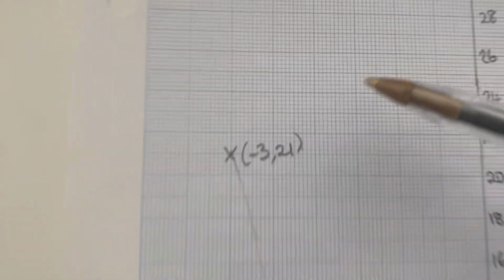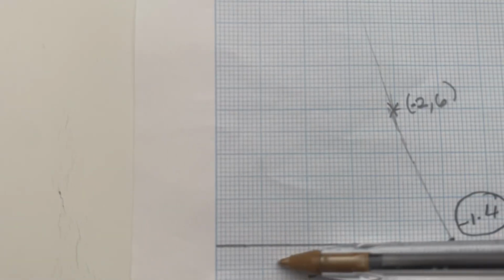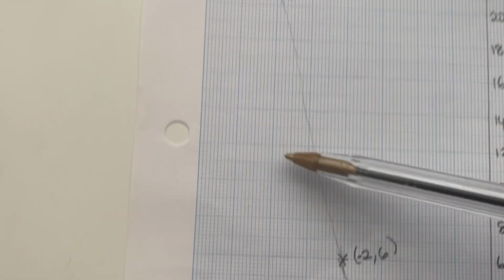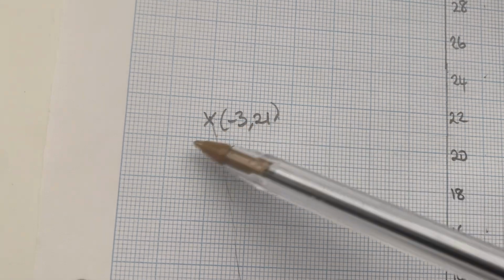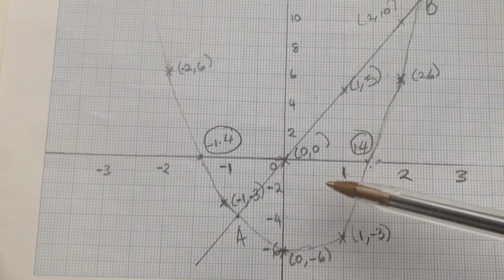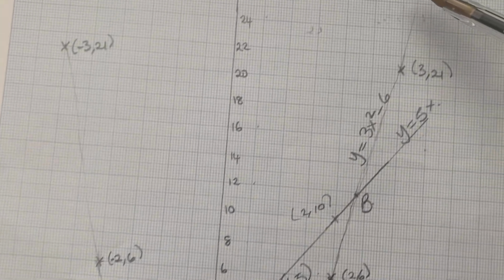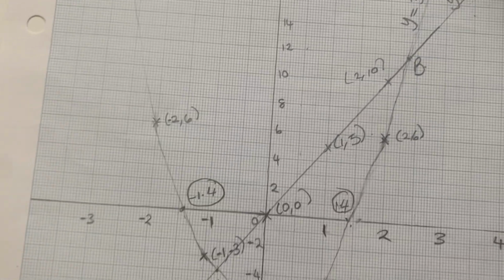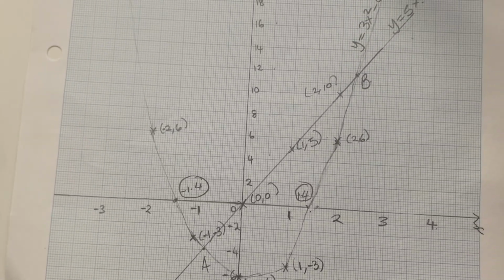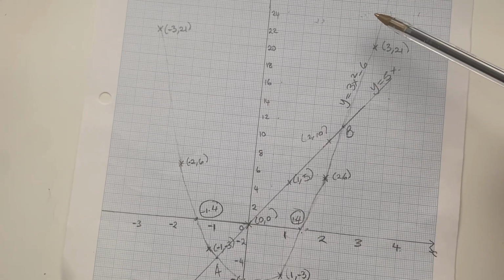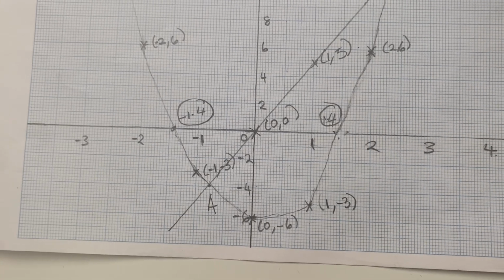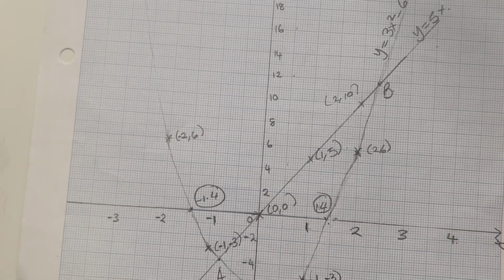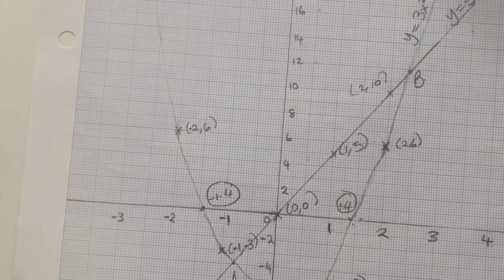So I'm going to plot the coordinates: minus 3 here, and then 21 there. I plot all the coordinates, and this is the graph I get. That is my parabola. It opens upwards. You can go and do that by yourself. We know how to plot, we know how to get the coordinates.